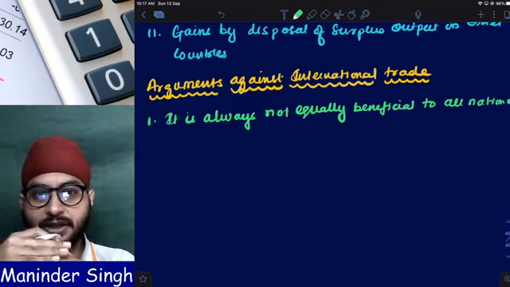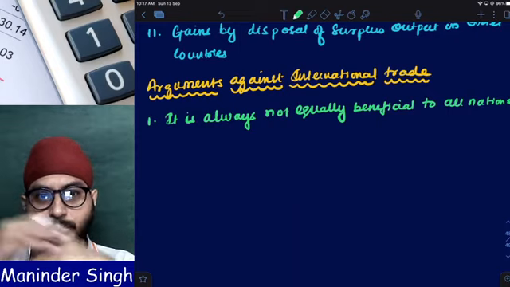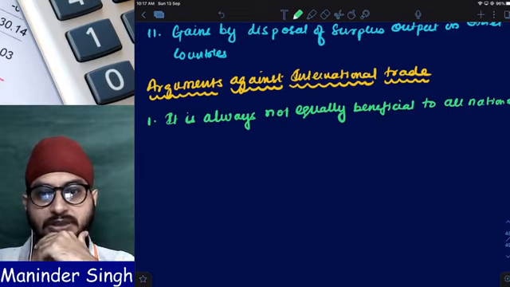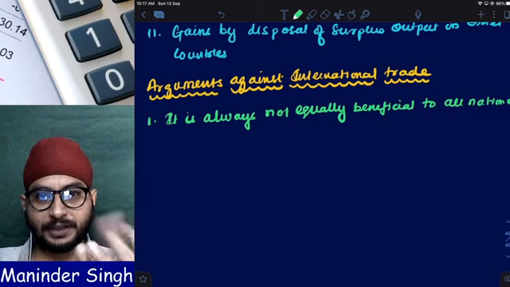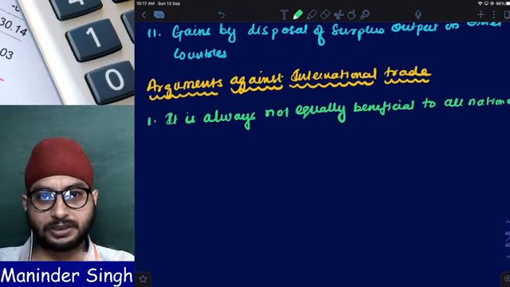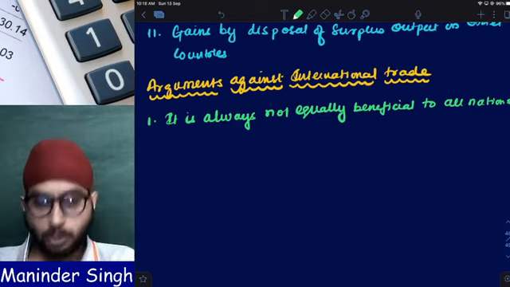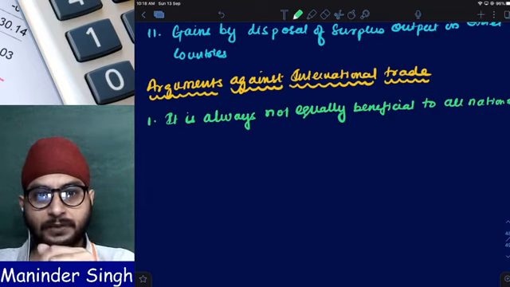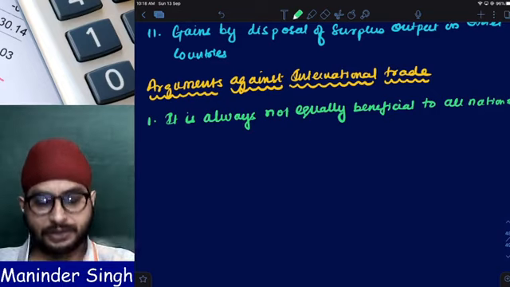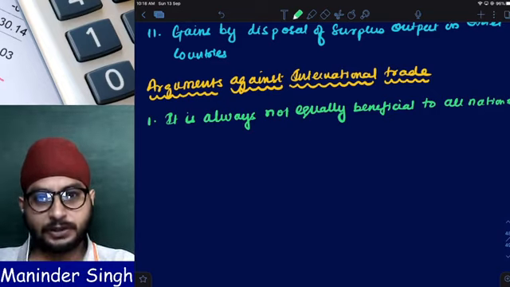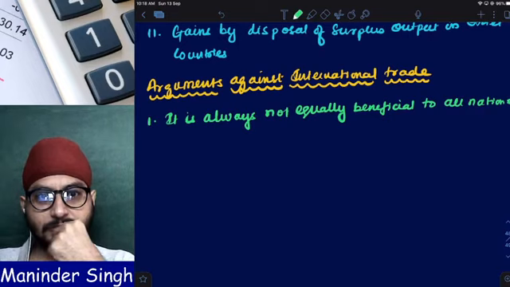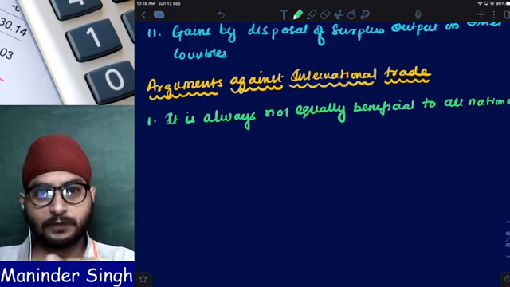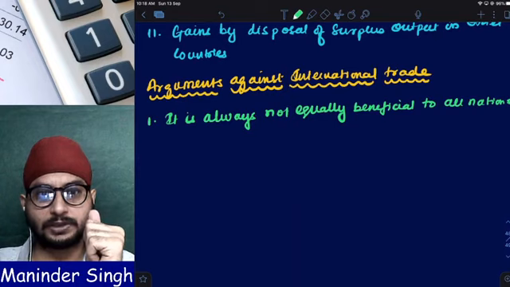The international trade which is happening between India and China in electronics, tell me who is more beneficial? China. Who is less beneficial? India. In software, let us say, is India more beneficial or US? Sir, US is more beneficial.